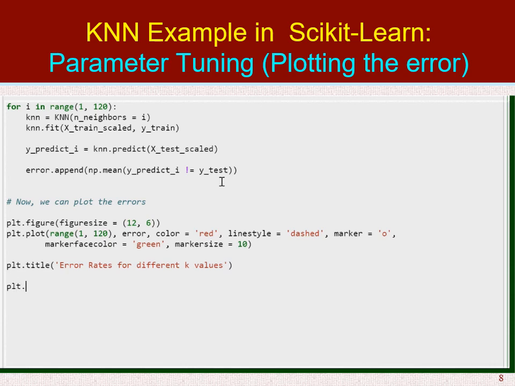The plt x label, I want it to be my k values. And the y-axis, y label, I want that to be the mean error. Okay, so now I'm going to ask to show the plot.